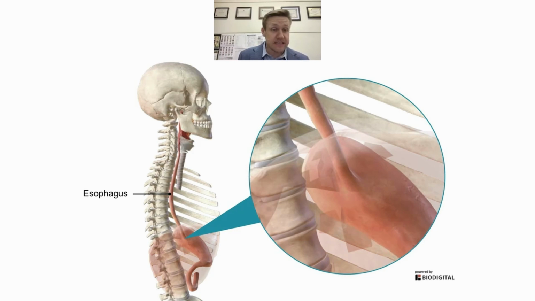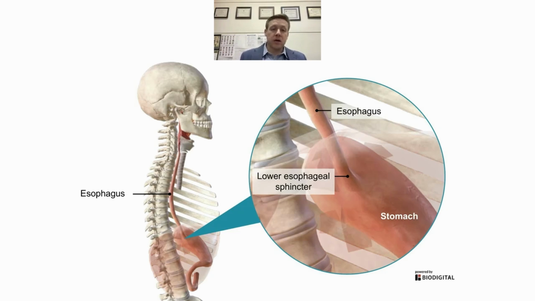Similarly, if we go distally past the diaphragm, which has been faded out so we can look down into the abdomen to see the stomach, we're going to have a lower esophageal sphincter at that junction between esophagus and stomach, also called the gastroesophageal junction or the GE junction. Same thing, it will just kind of relax when a food bolus, for example, needs to make its way out of the esophagus and into the stomach.